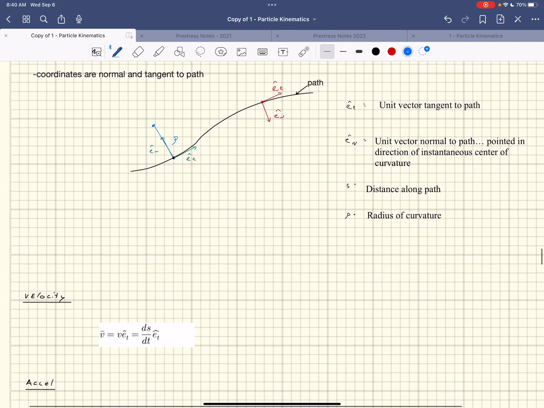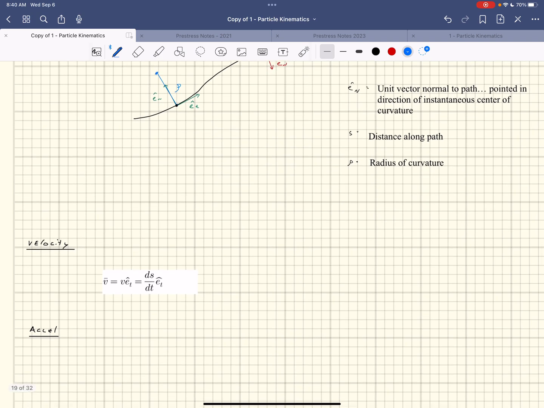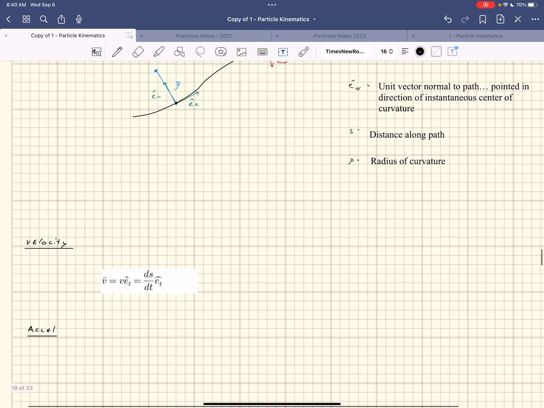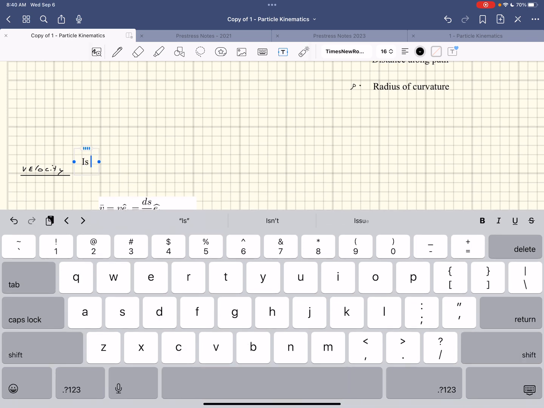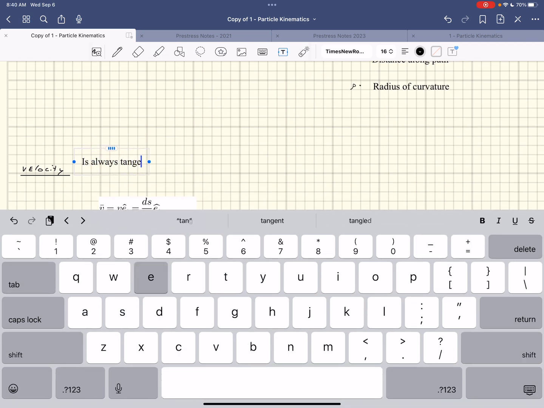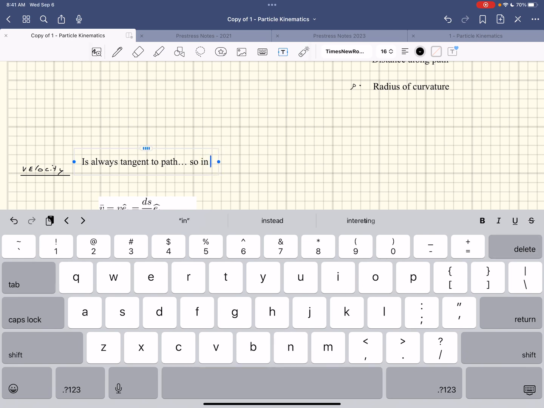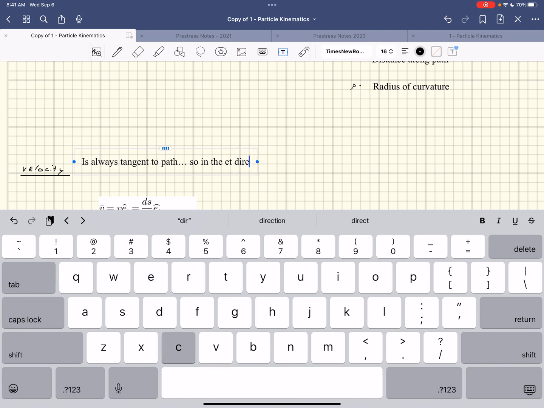So in this coordinate system, let's define velocity and acceleration. All right. So in this case, velocity is always tangent to path. So in the ET direction, always.